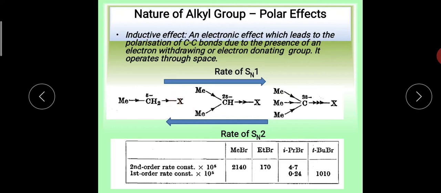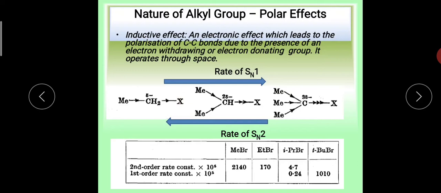Now, if I consider the nature of your halogen atom present in this molecule, then I know that halogens are electronegative in nature. What is electronegative? It means this particular atom has the tendency to attract the bonded pair of electrons towards itself.